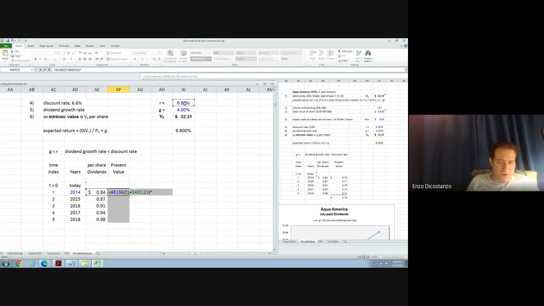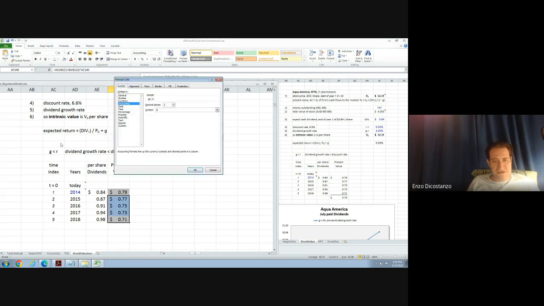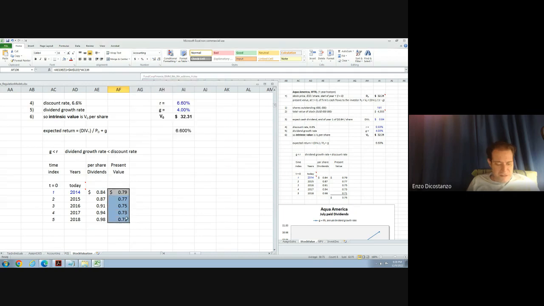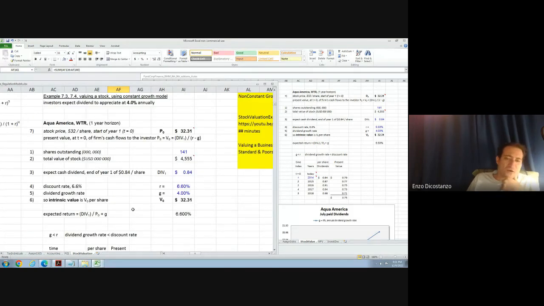And you want 1 year on that. This one, this one, this one, and this. Get rid of all these dollar signs. Get rid of the fill. That's just the summation, 3.75, which is way off of the $32 by a lot.